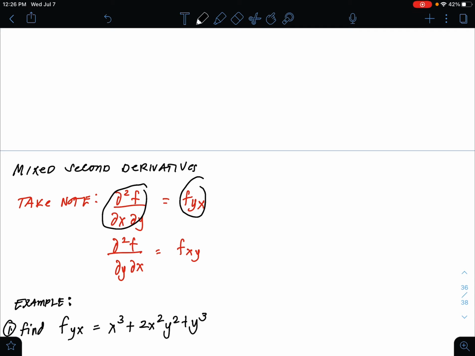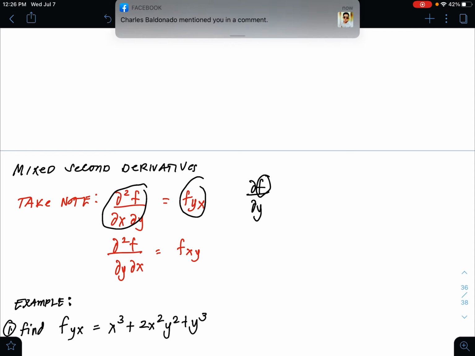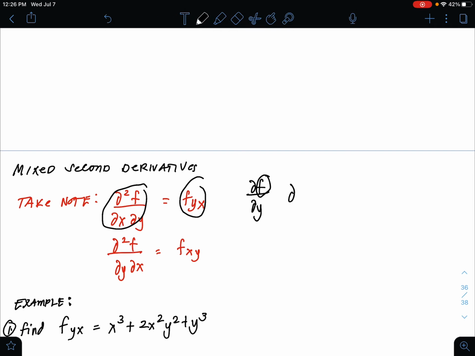Kasi, we are going to derive first with respect to y. Then, we are going to derive now with respect to x. So, magiging derivative of df over dy. So, that's why nagiging d squared f over dx dy.